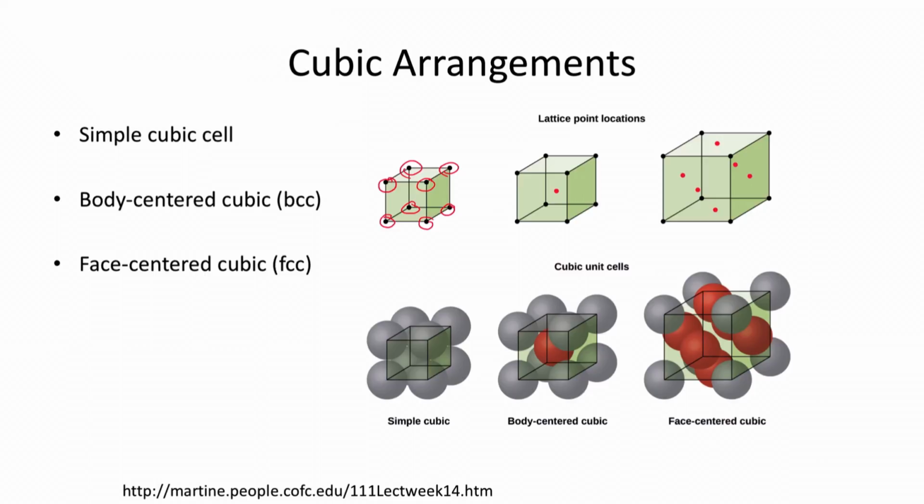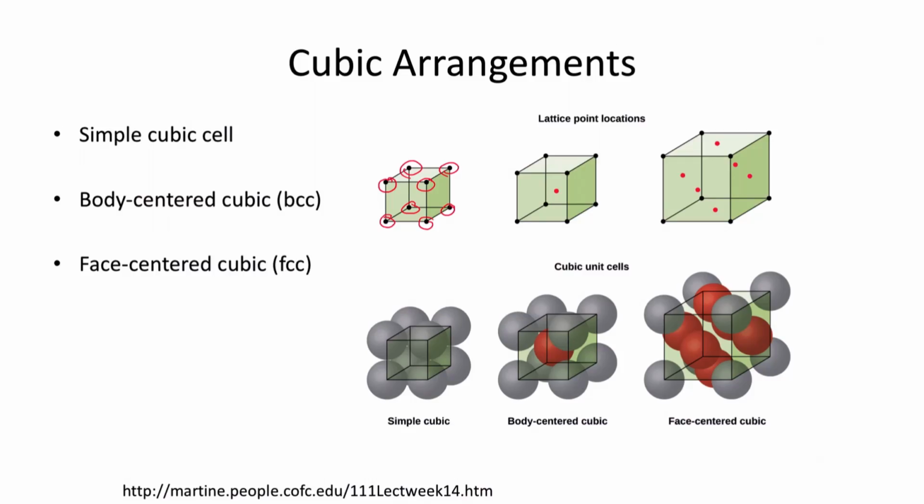The problem with the simple cube is there's a lot of wasted or empty space in between these balls. And I want to try to maximize how efficiently I can pack these little balls inside my little cube. Okay, and so there are actually 2 other ways to arrange these objects in a cube and have it be a little bit more efficient in terms of how many balls I can put in there or how many particles I can put in there.